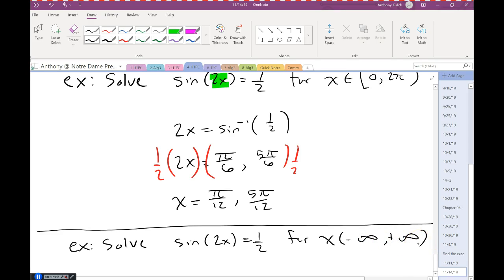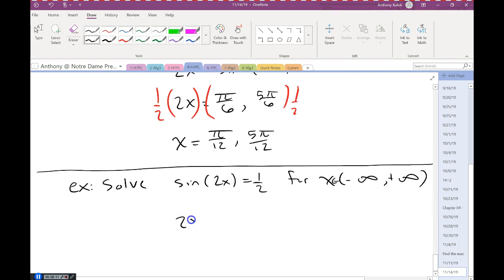But first, let's answer this question. So solving the same equation, sine of 2x equals 1/2, but this time we're solving it over the whole real line. We want all of the answers. So just like before, we'll take the sine inverse of both sides.